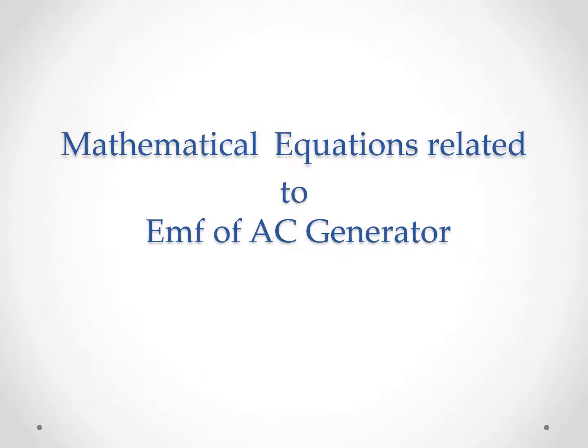After learning the working principle of an AC generator and also knowing about the graphs, let's learn more about the mathematical equation related to the EMF of an AC generator.